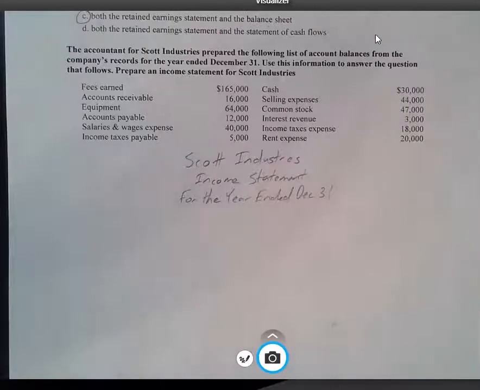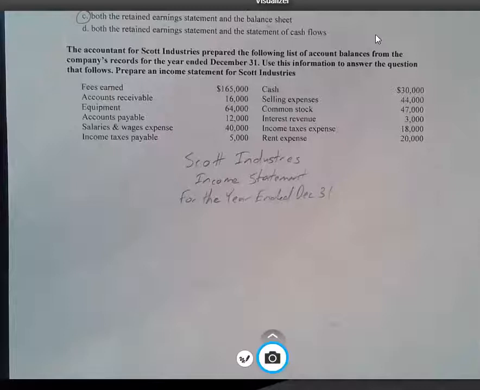So if you don't know this, you need to get some kind of a little cheat sheet, like what I provided you if you're in one of my classes, because all of these accounts here that are balance sheet accounts, you don't need them. And all of the accounts that are income statement accounts, you will need them.